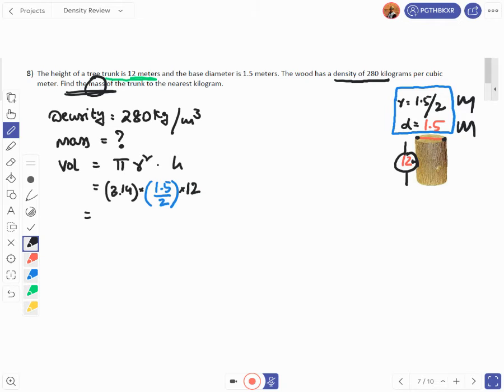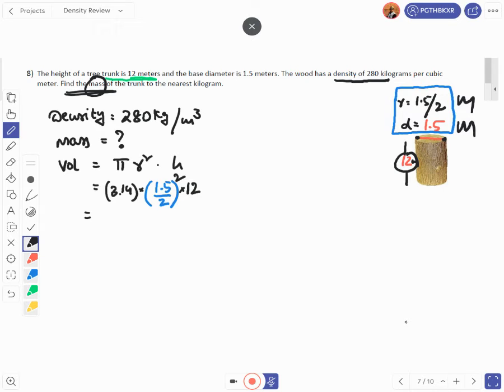3.14 multiplied by 1.5 divided by 2 square times 12. Again, a small tip, when you are using the calculator, that 1.5 over 2 square, please keep them in parentheses. Otherwise, the calculator may take it as either 2 square or 1.5 square, not the whole.